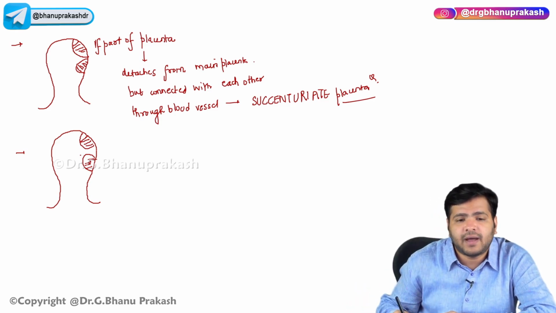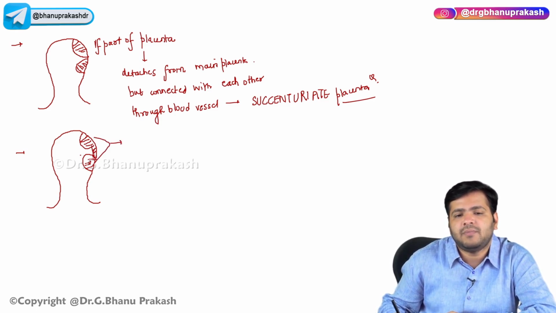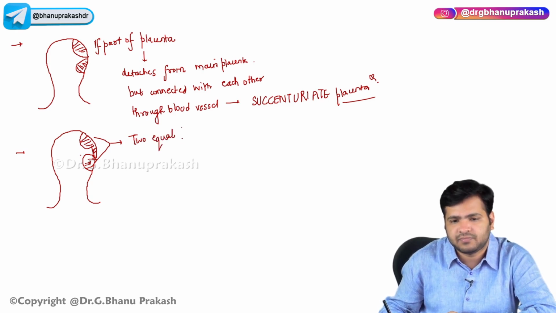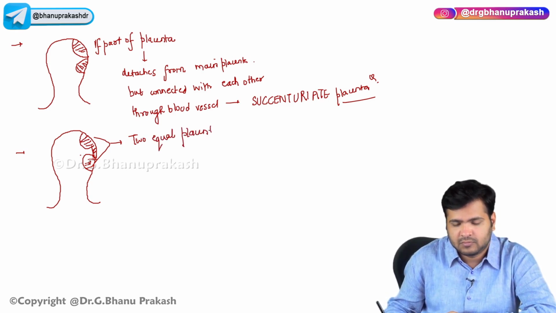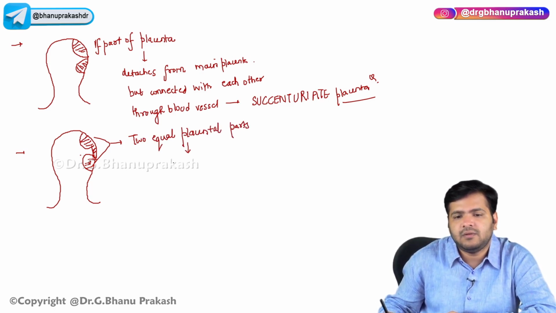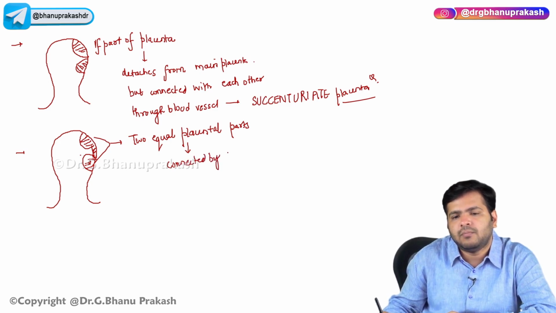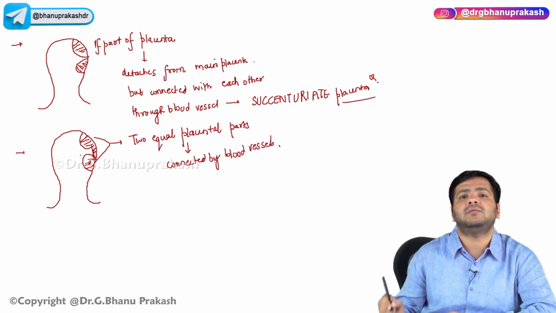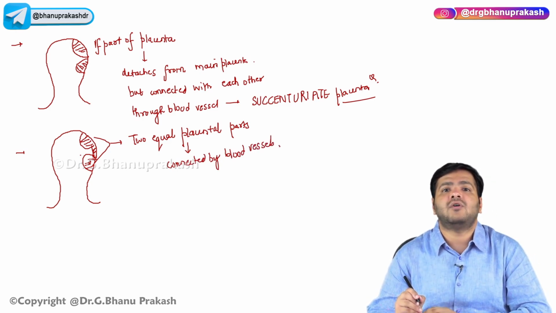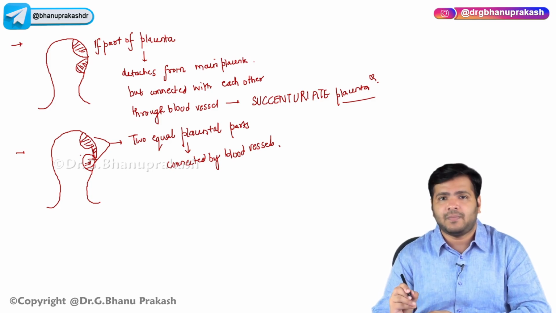They are connected by blood vessels. So this is called placenta bilobata, right?